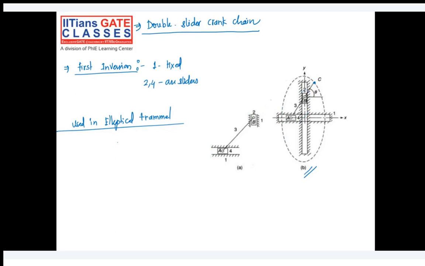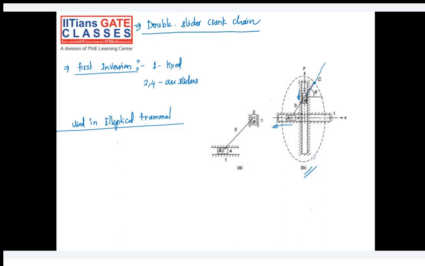And what is the equation of the ellipse you will get here? x square divided by BC square, where BC is half of the minor axis, plus y square divided by AC square, equal to 1.